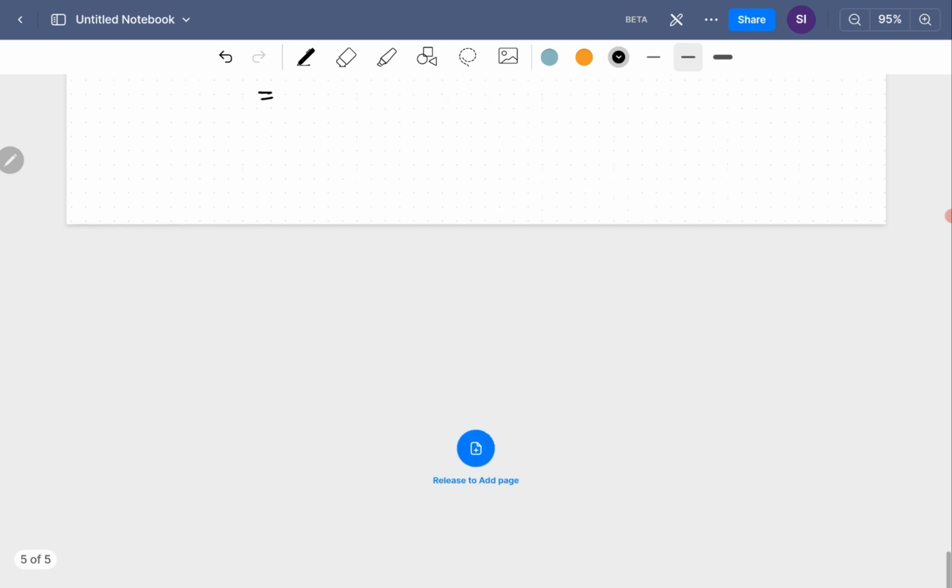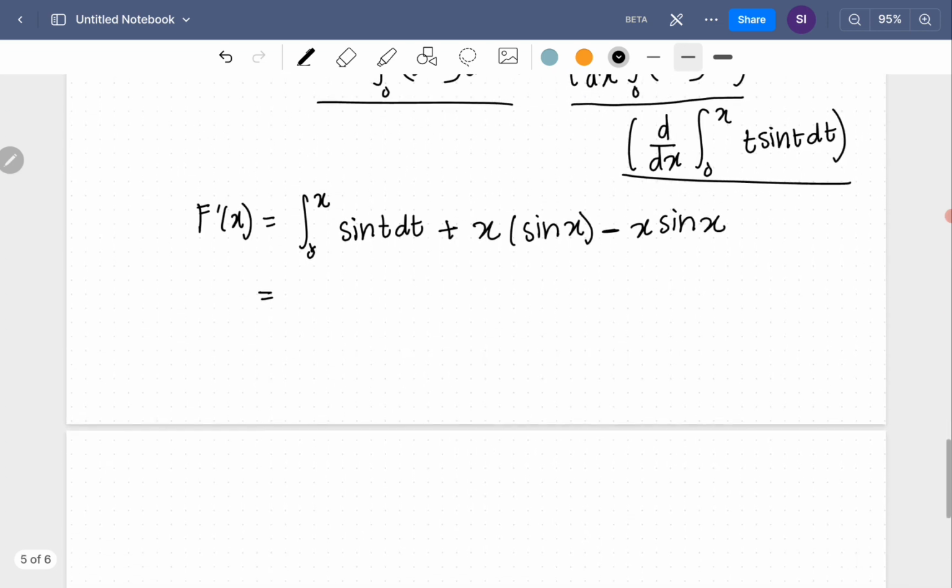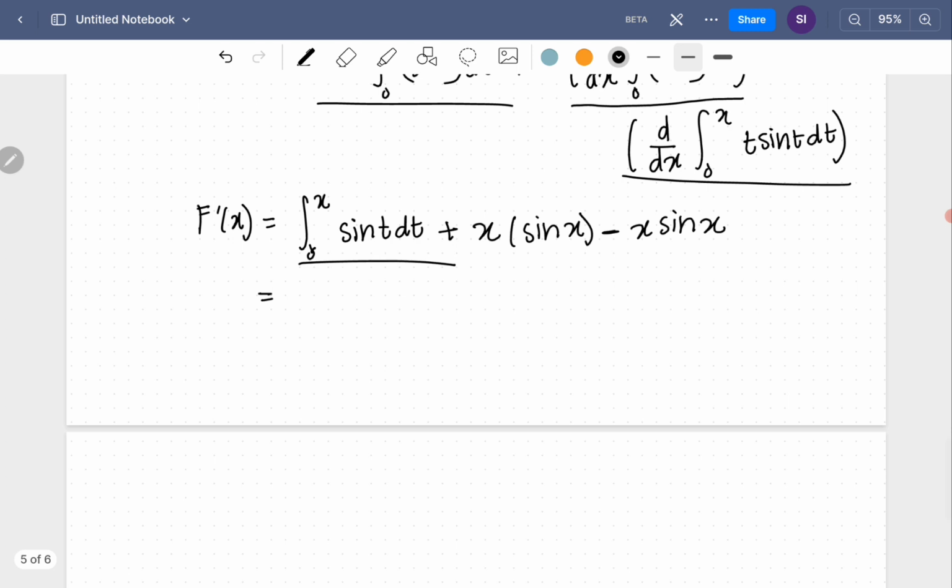And now, let me get a new page. Then let's simplify this. The integral of sine of t is minus cos of t from 0 to x. This and this cancel out. We get, let's take the minus out since it's a constant, minus 1. So then minus cos of t from 0 to x.